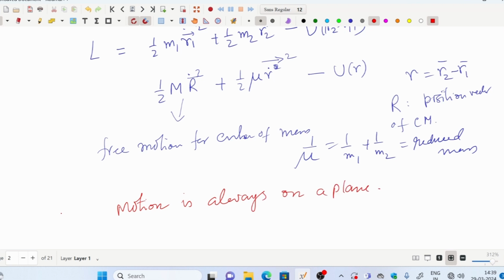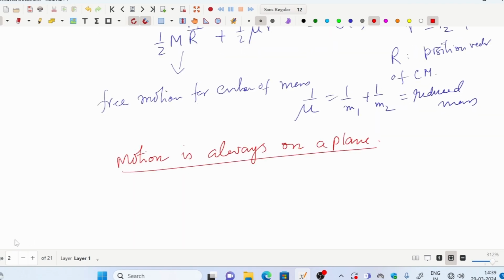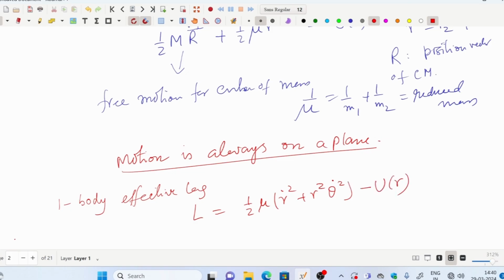Then we characterize the plane with x and y coordinates, and effectively we found that the one body effective Lagrangian is written as half mu r dot square plus r square theta dot square, minus U of r. Here r and theta characterize the plane, r going from 0 to infinity and theta from 0 to 2 pi, so the plane is characterized in polar coordinates.